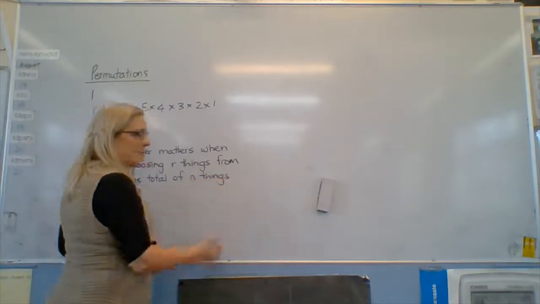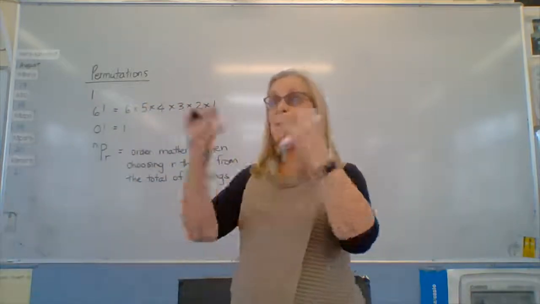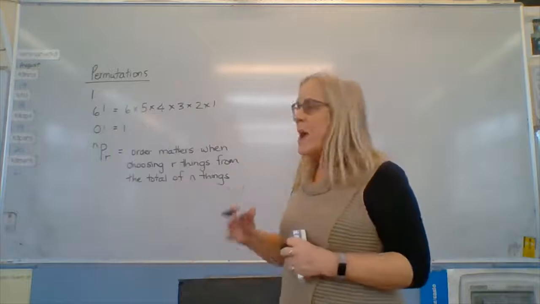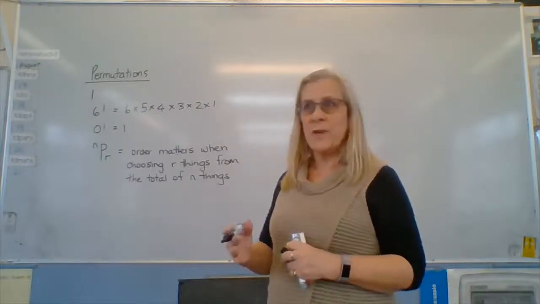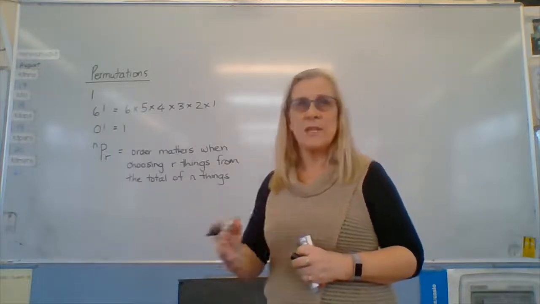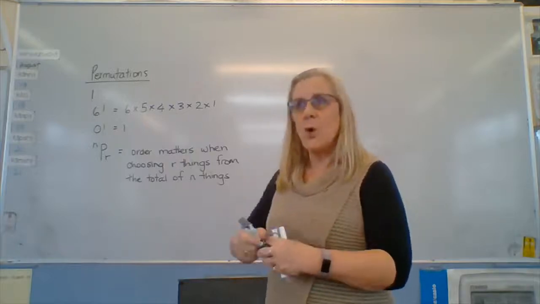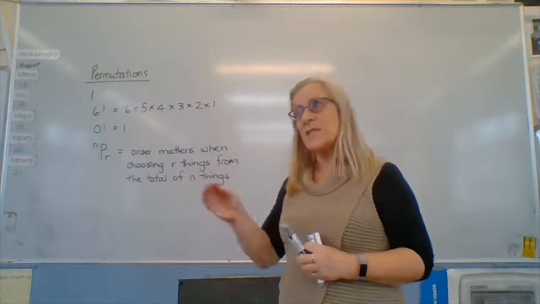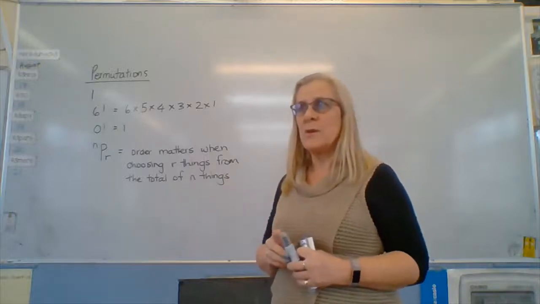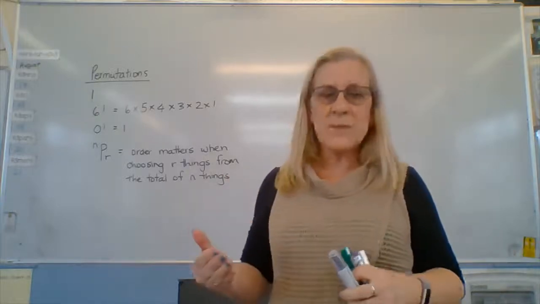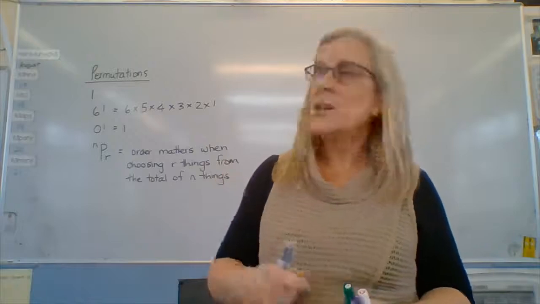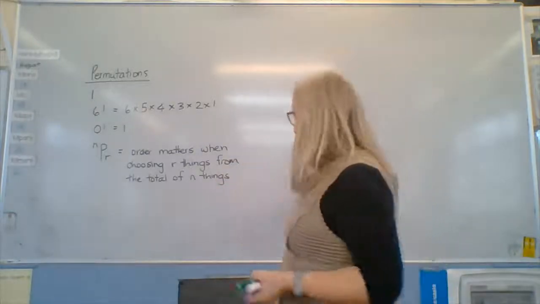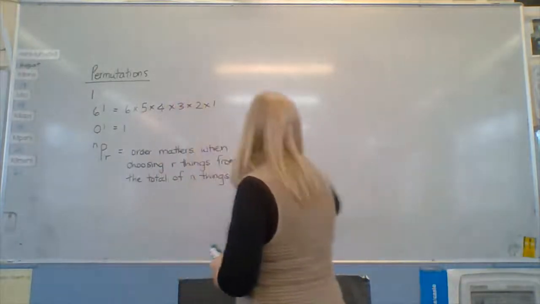So you guys are the things in that particular case. The things is how many people are in the classroom, how many different ways can I choose 3 of you, if it matters who came first, second and third, because I was giving the gold medal to the first person, the silver to the second and the bronze to the third. So it does matter which way I choose you. We want those arrangements to be recorded, and therefore it's going to be a very large set.